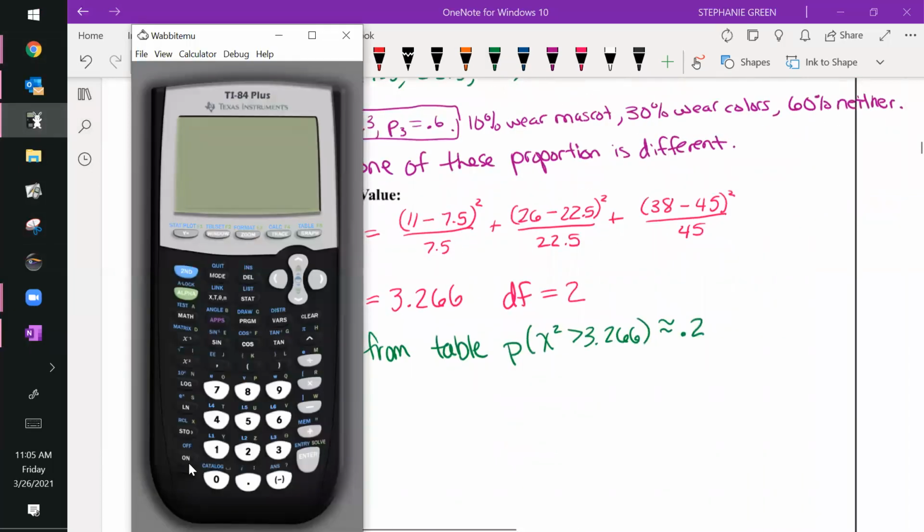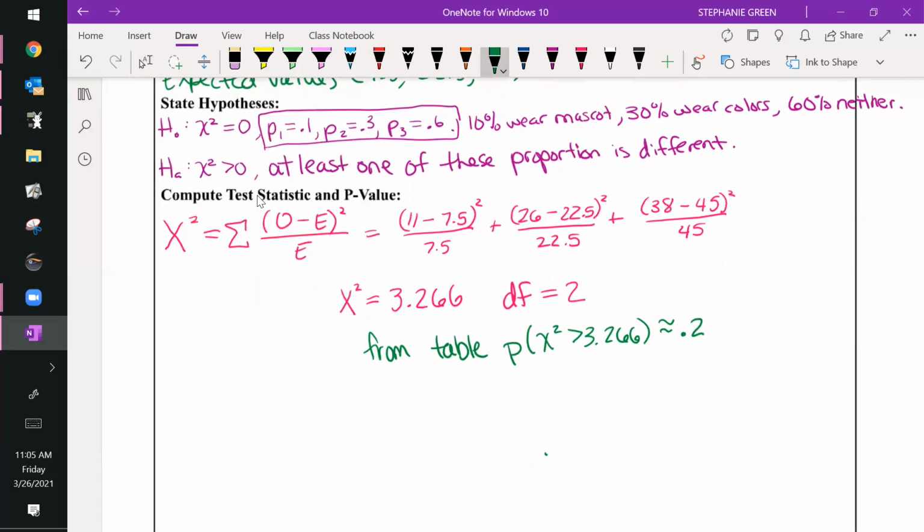Okay, and then let's go ahead and see what the calculator says. Good practice, right? So we'll go second distribution, chi-square CDF from 3.266 to infinity with degrees of freedom 2, and I get 0.195. Which is very, very close to what we got with estimating with the table.